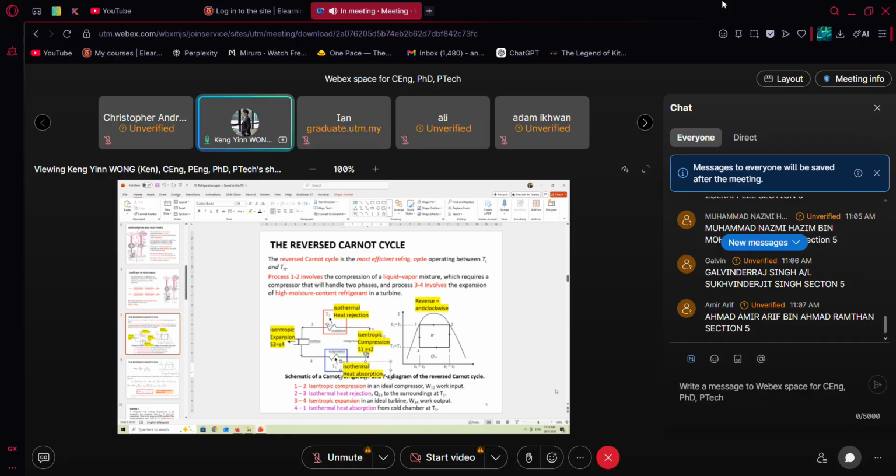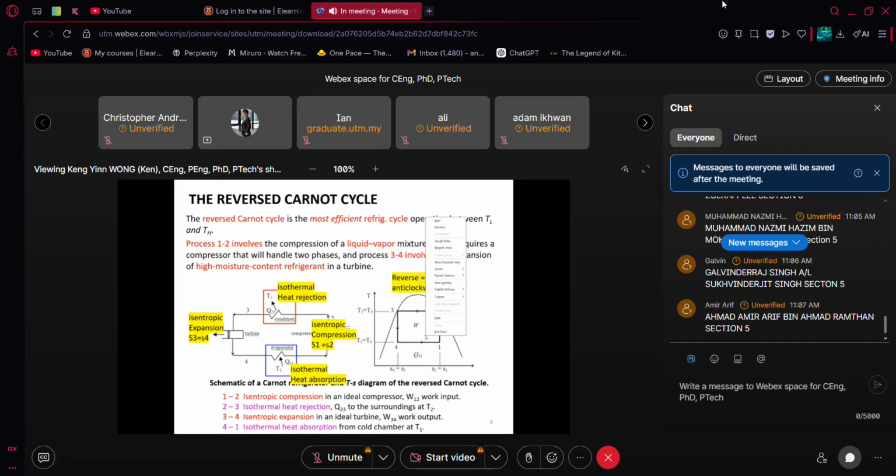That's why you can see here S1 same as S2, so it is a straight line. The same goes for 3 to 4, also a straight line, because S3 same as S4. This is the isentropic expansion.